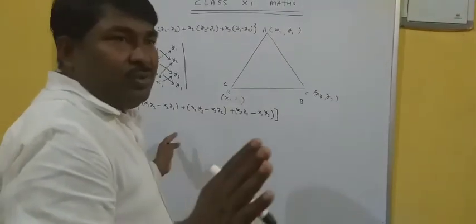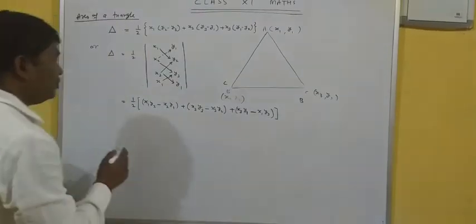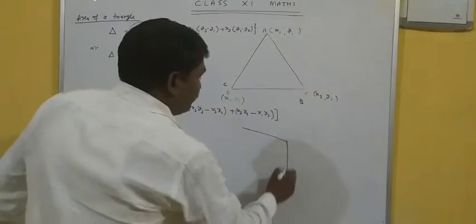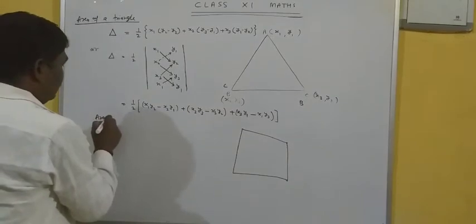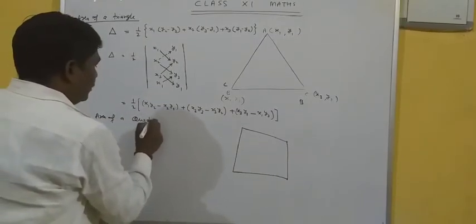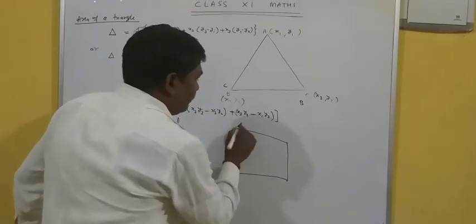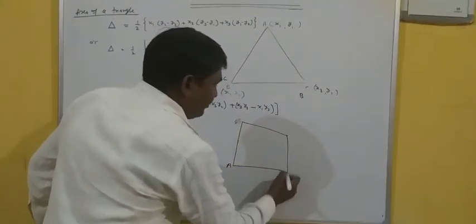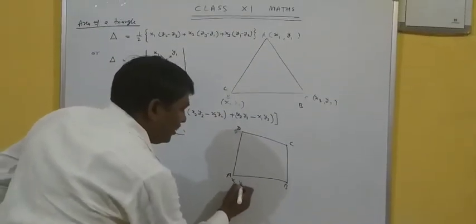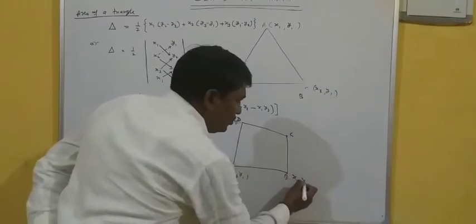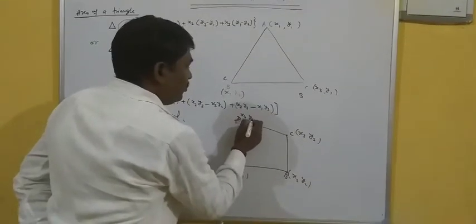Before it, I would like to explain the formula to calculate the area of a quadrilateral. So see, suppose there is a quadrilateral. Here again I am taking anti-clockwise A, B, C, D. This time 4 vertices are there and the coordinates are accordingly x1, y1, x2, y2, x3, y3 and here x4, y4.